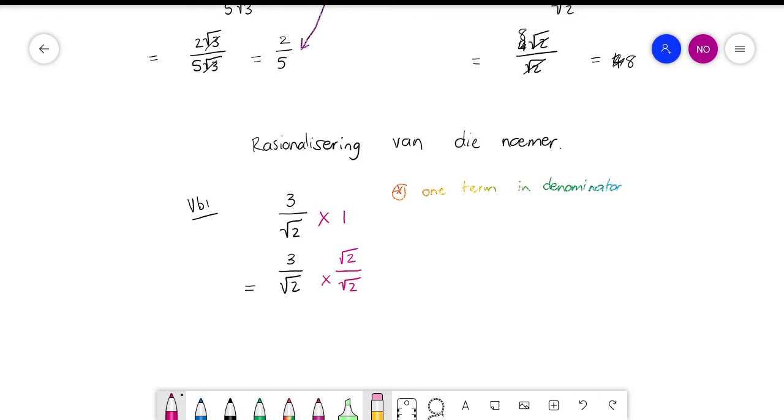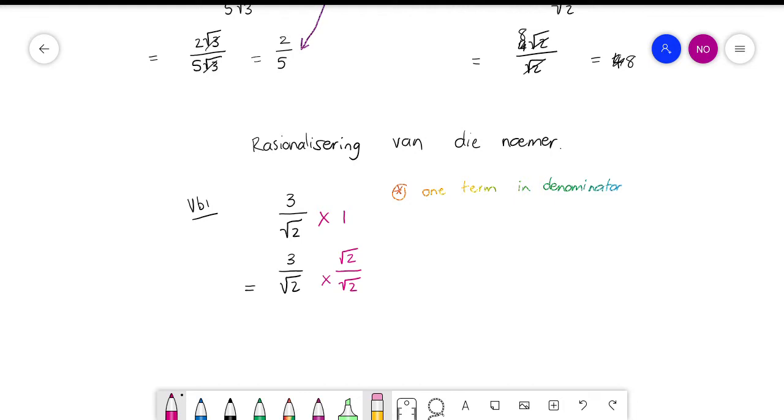You guys agree that that fraction that I wrote in pink there is still equal to 1? Square root 2 over square root 2 is still equal to 1. So we don't change the value of the fraction. We just multiply it by 1.